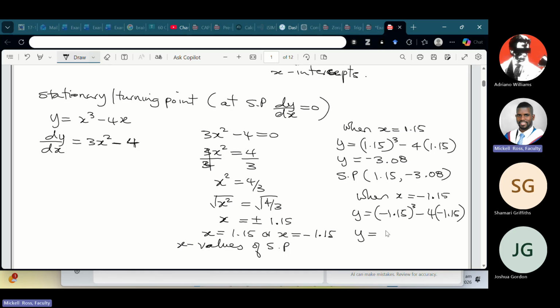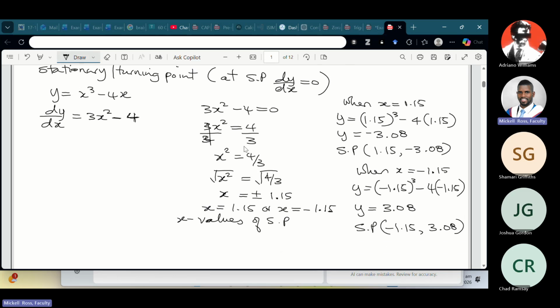Y is equal to positive 3.08. So the next stationary point is going to be negative 1.15, positive 3.08.